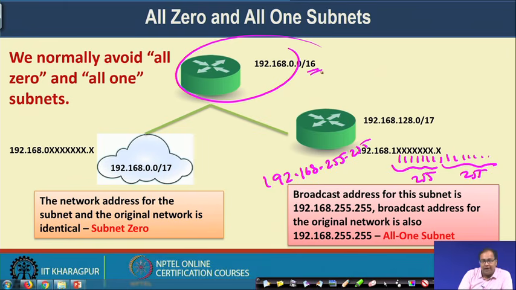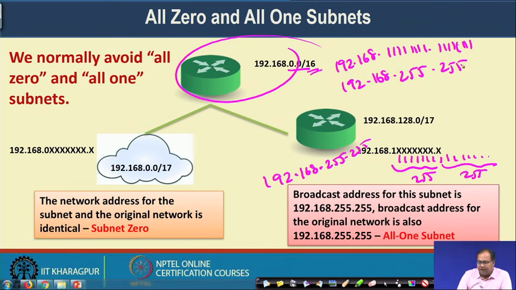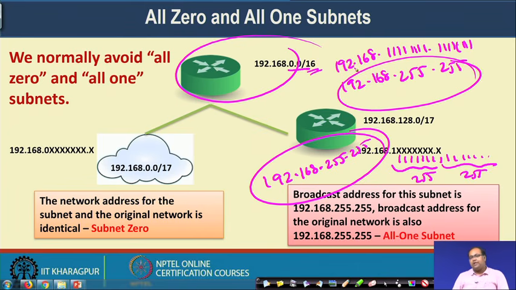Because this is a 16 bit network, I need to make all the host bits 1. So it is 192.168, then all ones and all ones: 192.168.255.255. That means the broadcast IP for this subnet becomes equal to the broadcast IP of the original network.